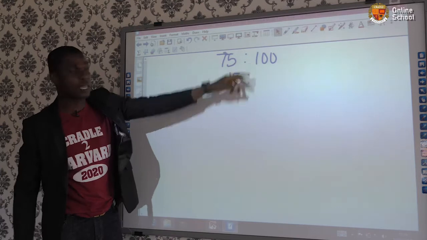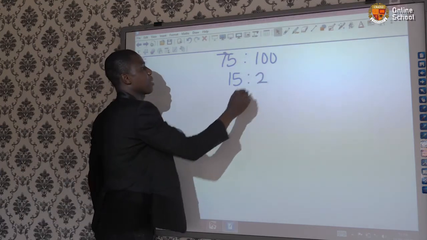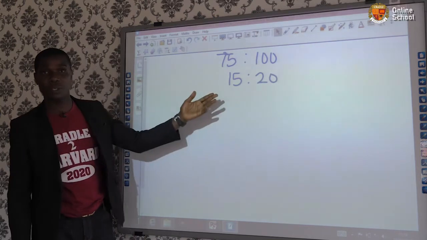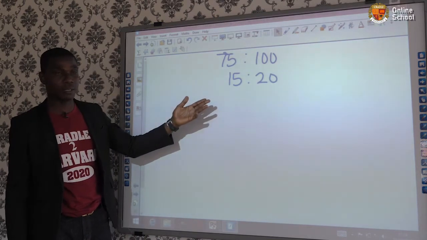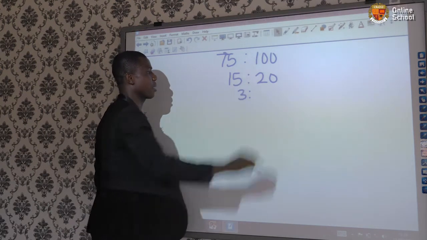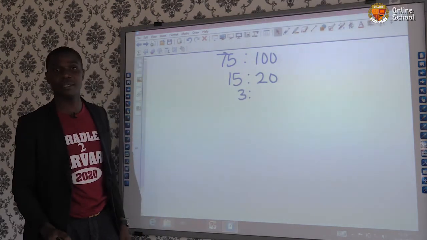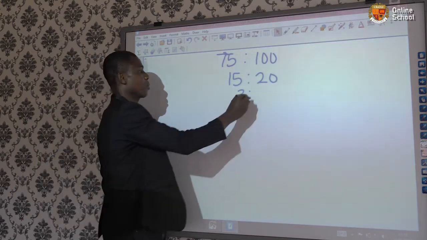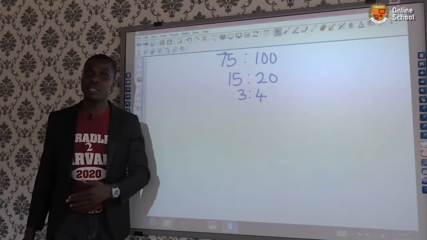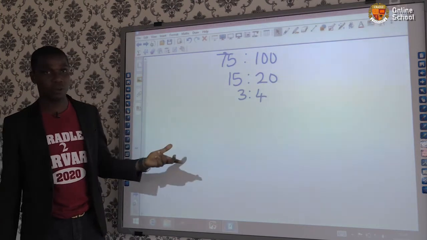And 5 into 10 is 2. 5 into 0 is 0. What is common? 5 is still common, isn't it? 5 into 15 is 3. 5 into 20, of course, is 4. So, 75 ratio 100 is 3 ratio 4.